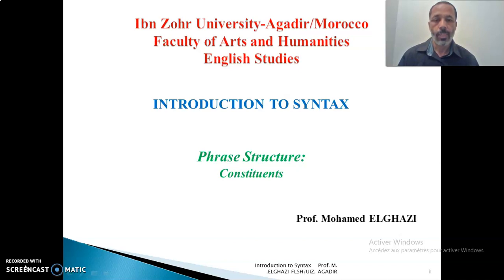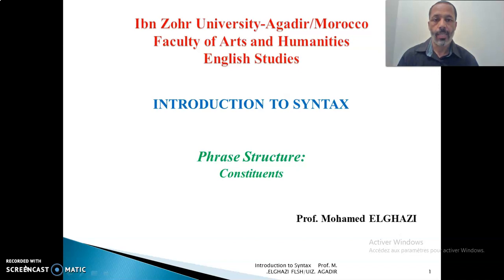Today, we move to another chapter, which is about syntactic structure. We're going to see two types of structures: phrase structure and argument structure. In phrase structure, we're going to see first the definition of constituent.